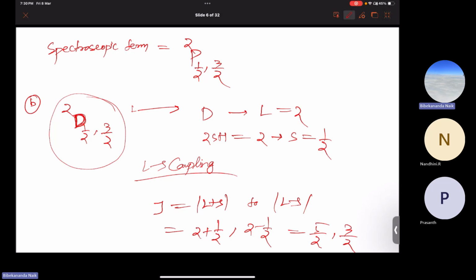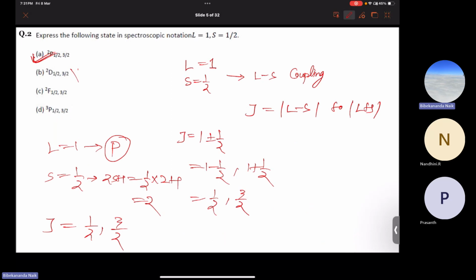So if the multiplicity is 2 and the orbital is d, the resulting J values will be 5 by 2 and 3 by 2. So this state is not possible. Anyway, this was not the correct option, and also if you check, this state is not possible.